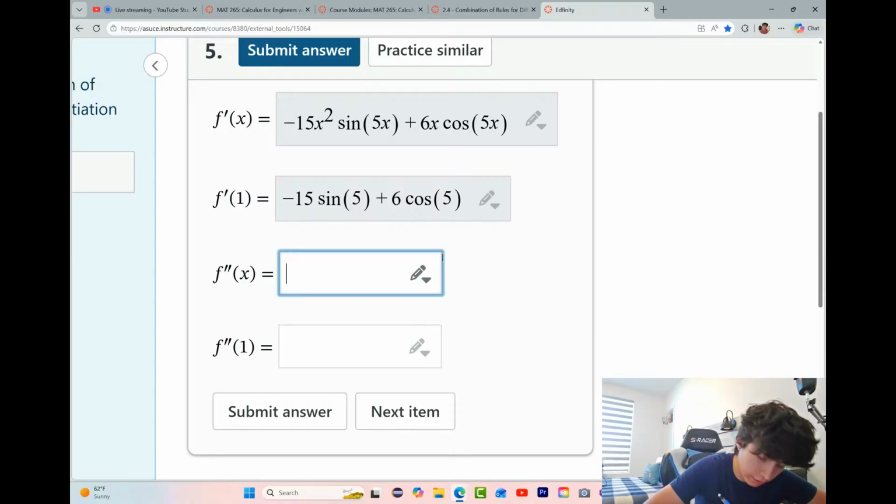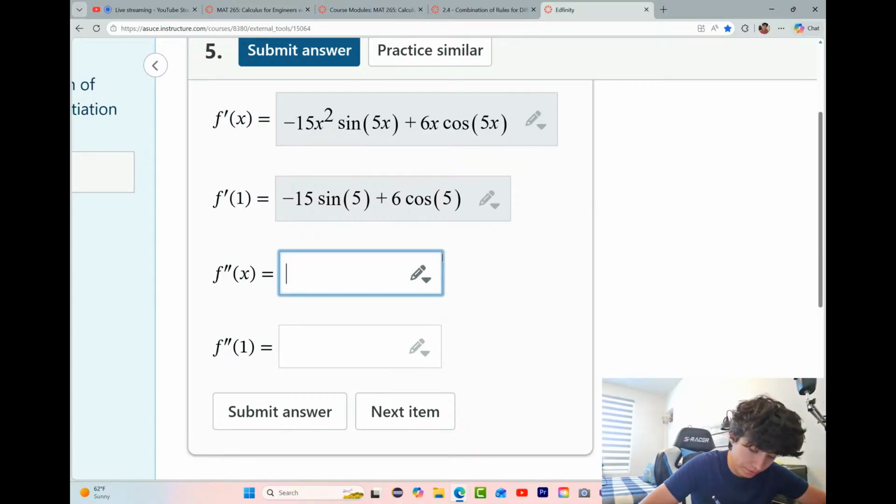So if y equals sine of 5x, the derivative will be the derivative of the outer function, cosine of 5x, times 5. So we get 5 cosine of 5x.